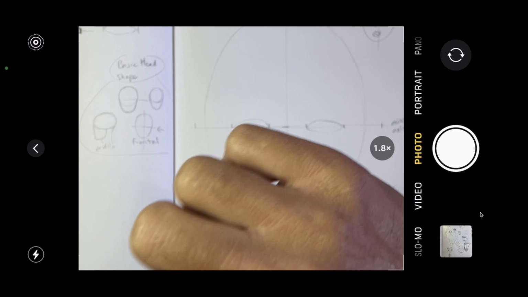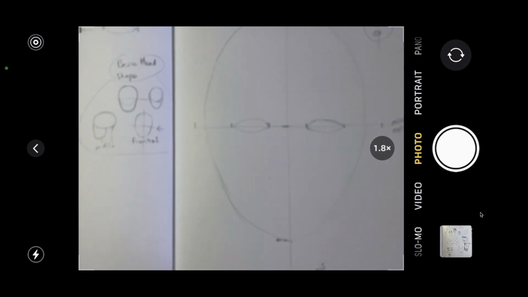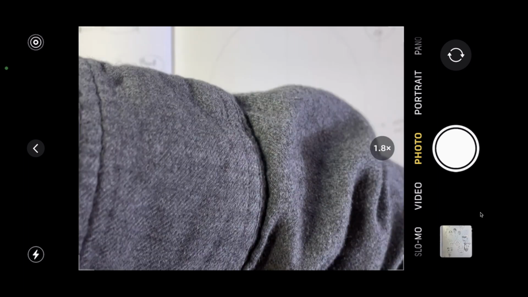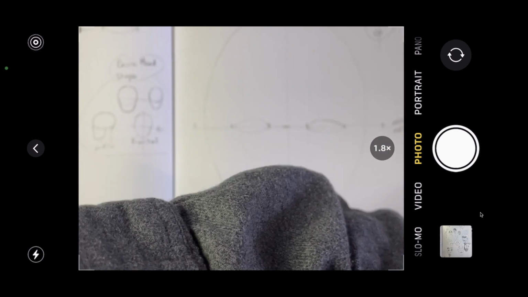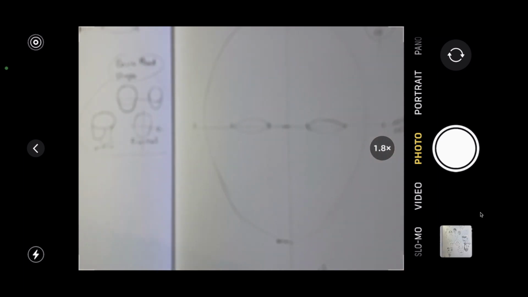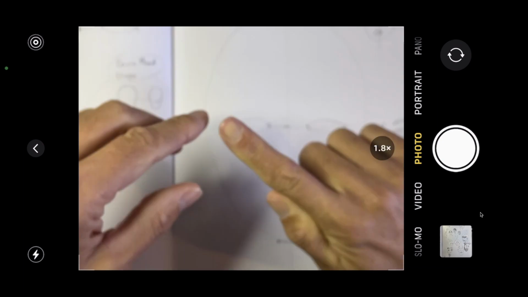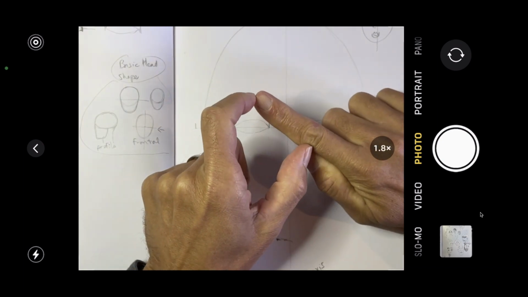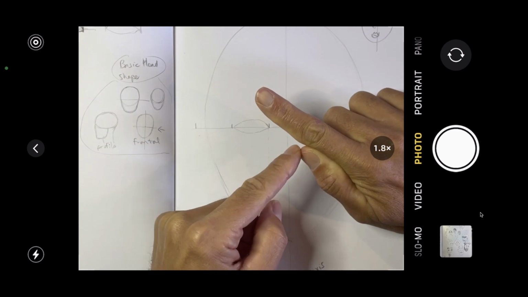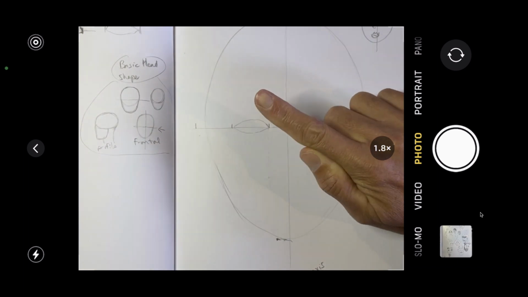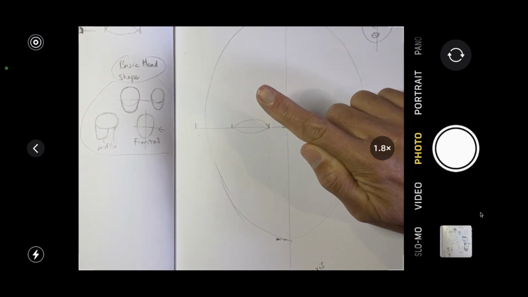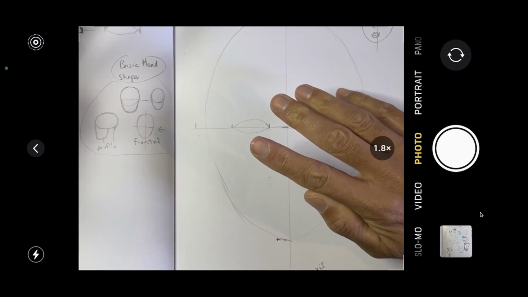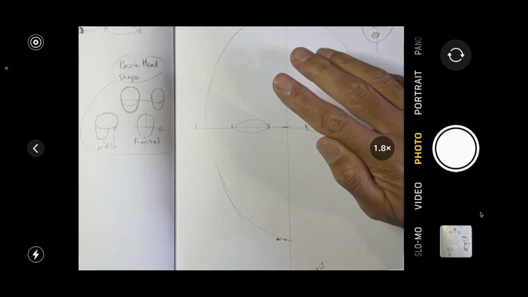If you can see on the Zoom screen, put your hand right there, your thumb right at the tip of your nose. You'll notice the length. What I'm trying to show you is that this length right here is the same as the length of your nose, from the tip of your nose to the middle of your eyes. That's a proportion, that's a relationship. If somebody has really long hands, they typically have a long nose, right?